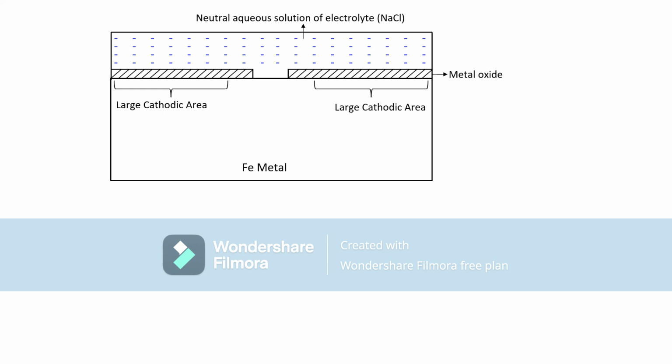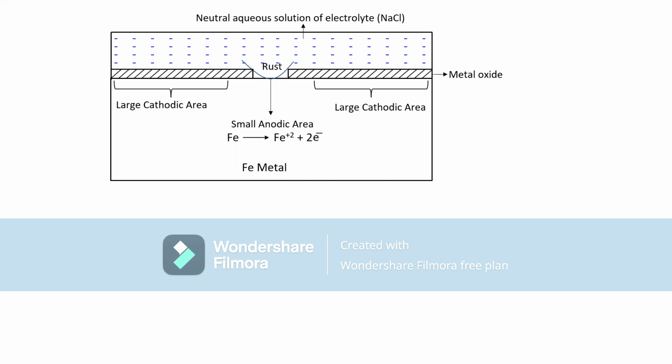Under that metal oxide layer, the metal can act as cathode. However, when there are some small cracks or breaks in the metal oxide layer, the crack or break can act as the anodic area. Therefore, in this type of corrosion, there are large cathodic areas and small anodic areas.